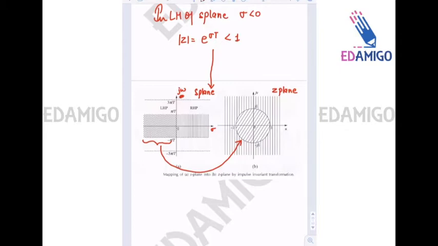So the whole left half of the s plane is mapped into the unit circle. This is what we wanted: whenever there is a stable analog filter, it will always lead to a stable digital filter.